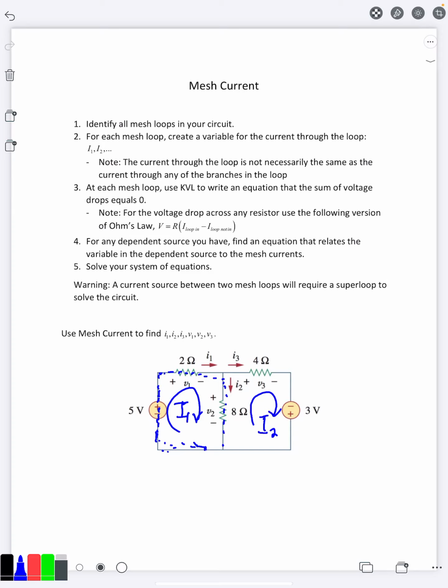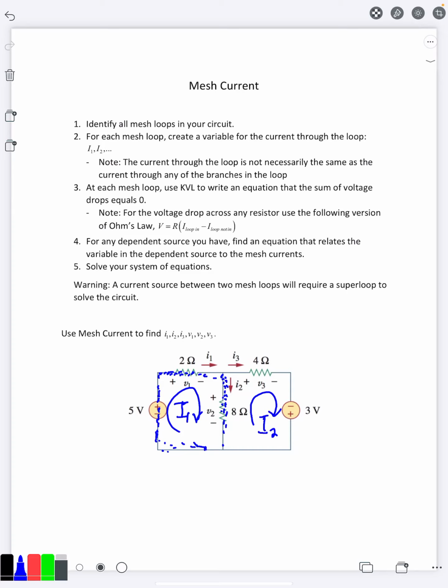The current that goes through this resistor is capital I1. So capital I1 and little I1 are actually equal. But as we go down this middle resistor, it's affected by both the current in the left loop and the current in the right loop. And so the net current through them would be I1 minus I2.